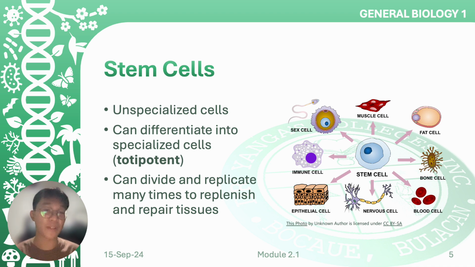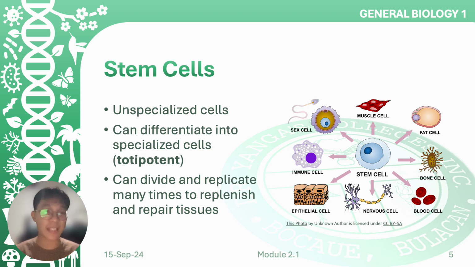For example, if you're fated to be a brain cell, you'll never become a blood cell, or a kidney cell, or any cell apart from being a brain cell, right? So just remember, when you are totipotent, you are capable of becoming anything. If you're already specialized, you cannot return to your totipotent state, and you cannot transform into other types of cells.